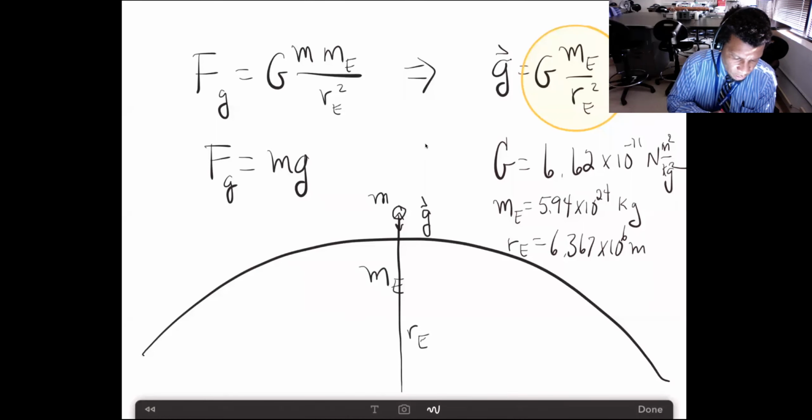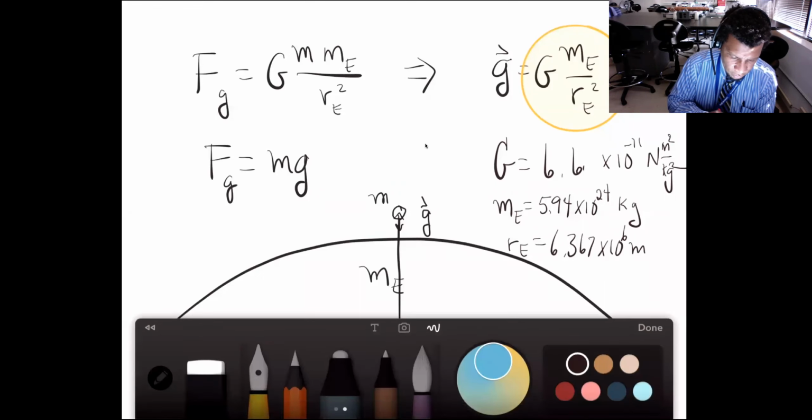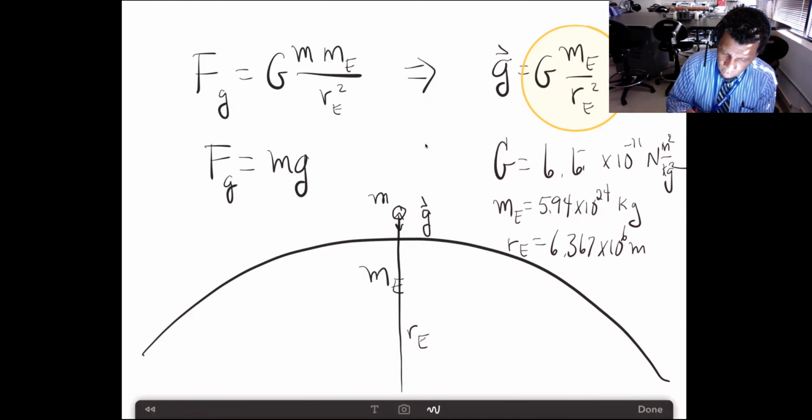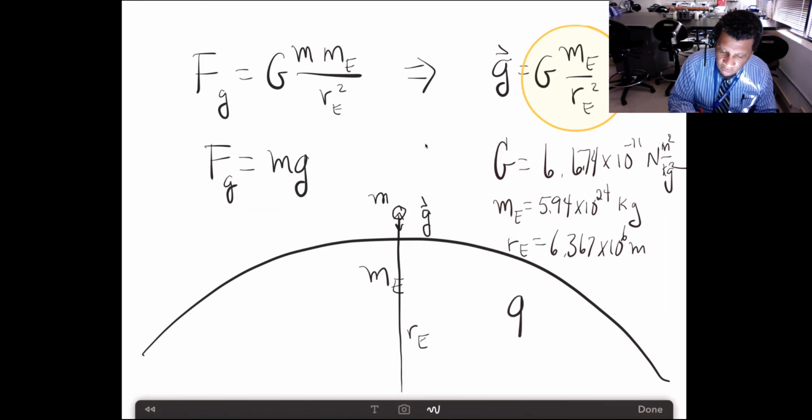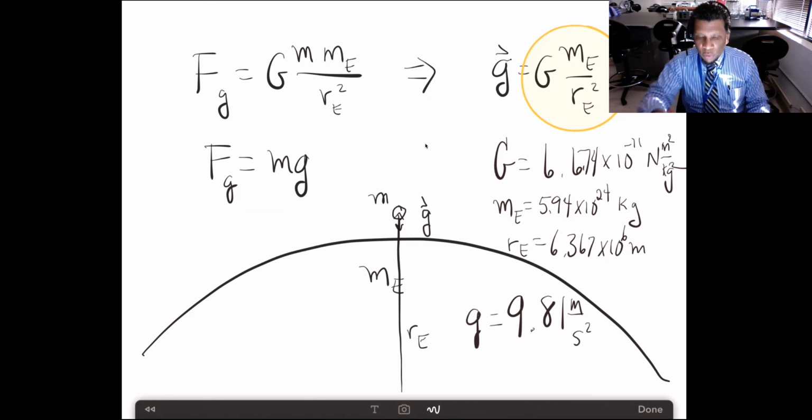Okay, we were close. All right, that's good enough. So with these numbers, we're going to calculate g. What do we know g to already be? We know that g is approximately 9.81 meters per second squared. So we should get this when we do this calculation, or something close to it.